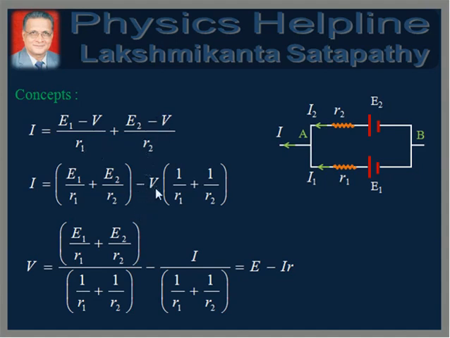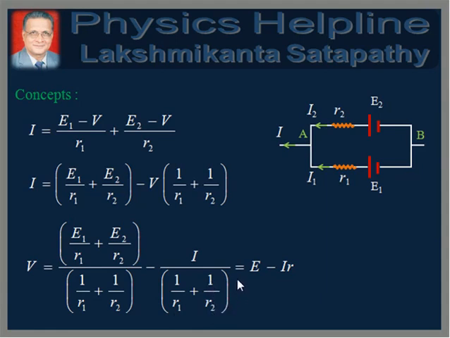Therefore minus V common into (1 by R1 plus 1 by R2). So from this we write for V. So V will be equal to (E1 by R1 plus E2 by R2) divided by (1 by R1 plus 1 by R2) minus I divided by (1 by R1 plus 1 by R2).